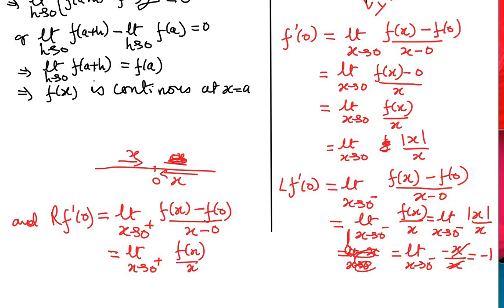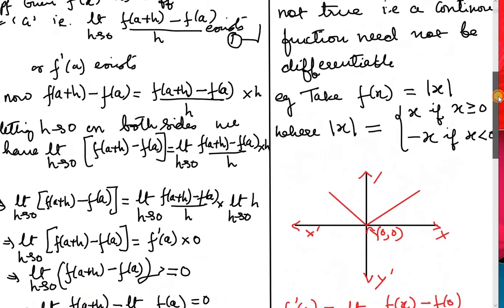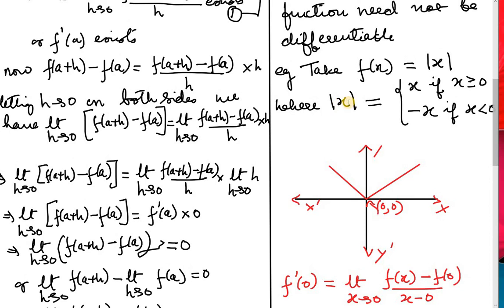is 0. And then what is f of x? It is mod x. The limit x tends to 0 plus of mod x by x. Now what is modulus of x? We define absolute value of x as x if x is greater or equal to 0.